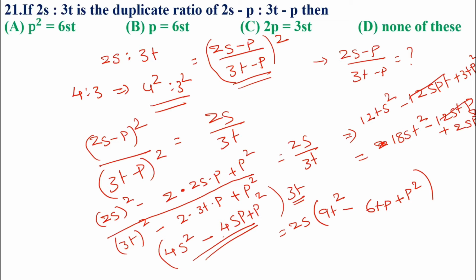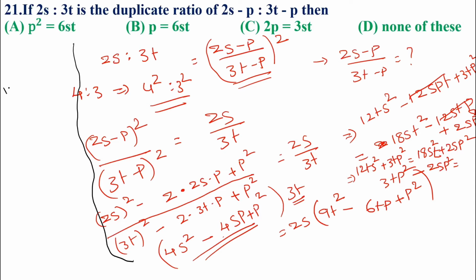So this will be 12TS square, and the remainder will be 12TS square plus 3TP square is equal to 18ST square plus 2SP square.